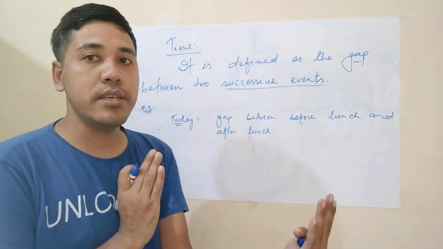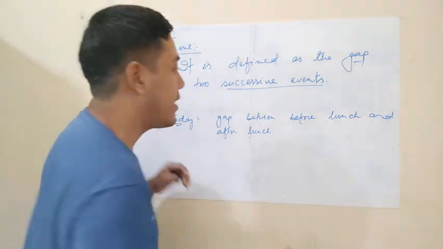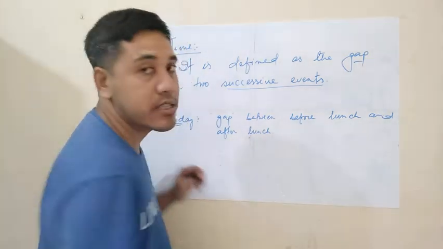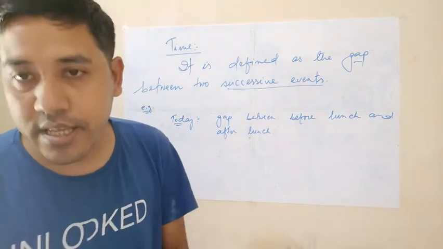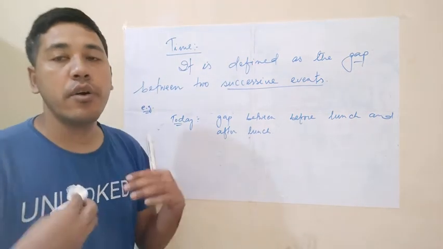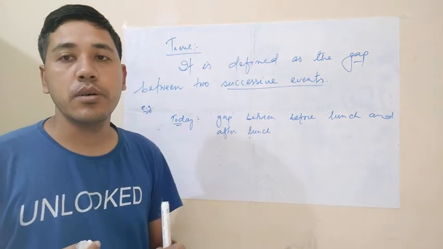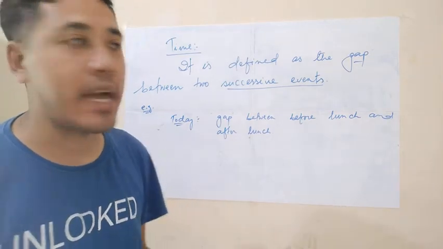There is some period for taking lunch, right? And this period is also known as time. In ancient India, they used a lot of techniques to determine or measure time.